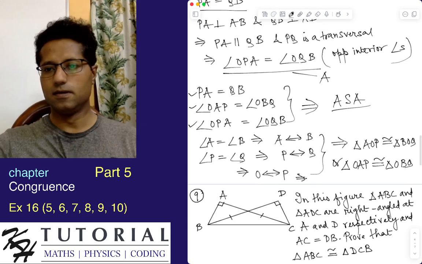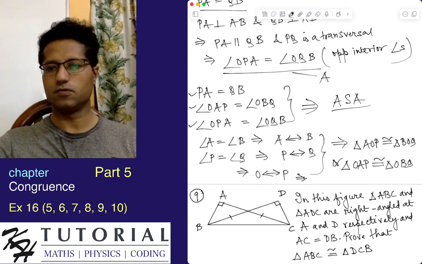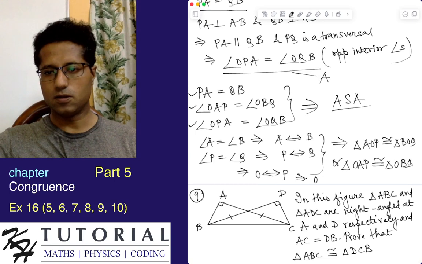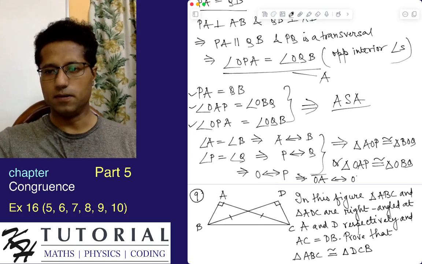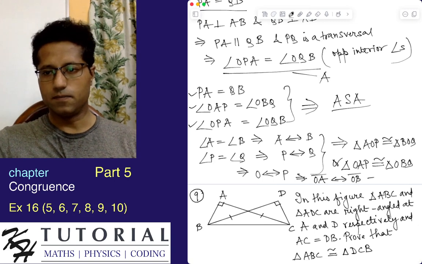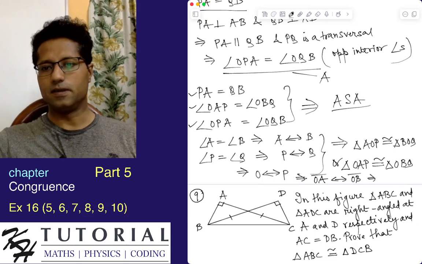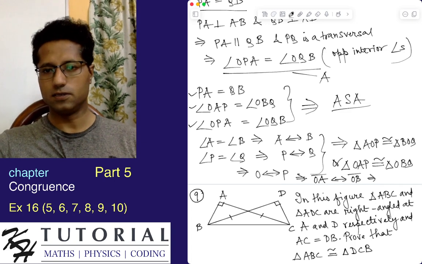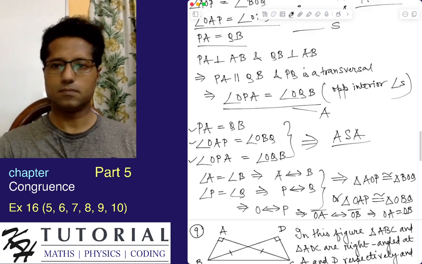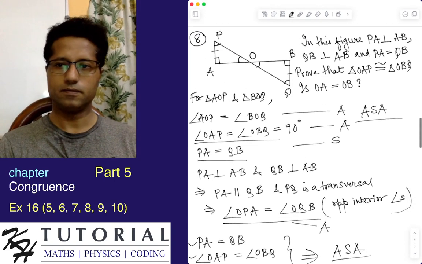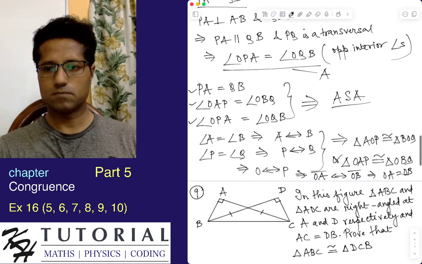Of course, these corresponding sides have to be equal. So we get OA equals OB. This is what it has asked to prove: OA equals OB.